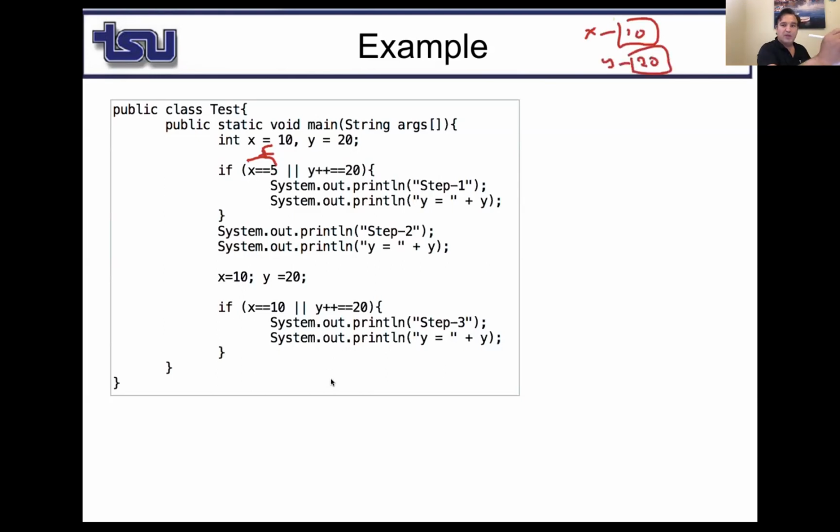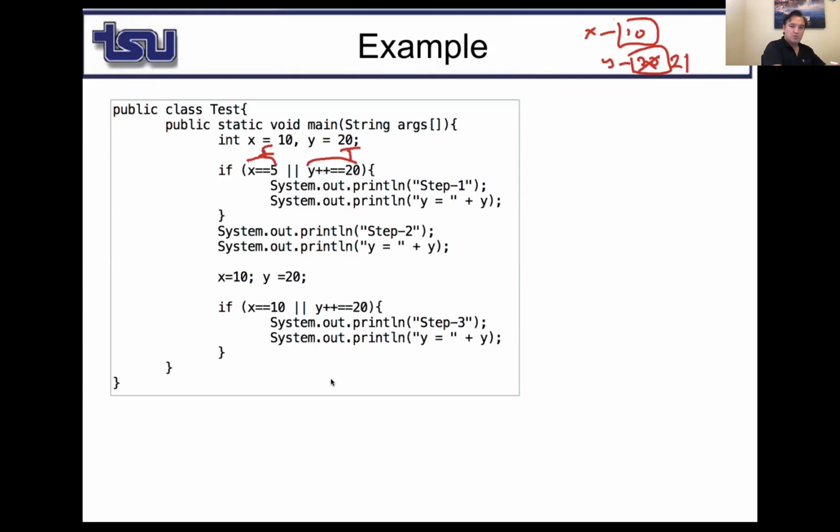Maybe I should put my iPad on a flat surface, but for now, this is what we have. So this is false. Well, if it is or, if the first one is false, that's not enough to conclude for the composite. We have to look for the second one. So the second one is true because y is equal to 20. First I compare and then I will increase y by 1.